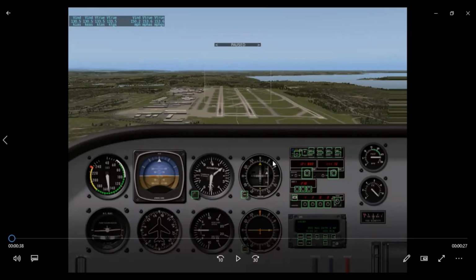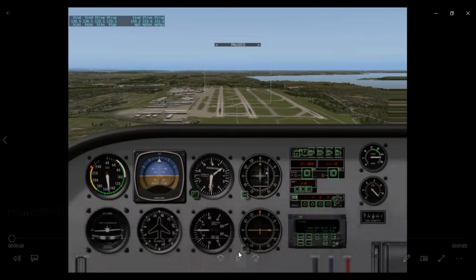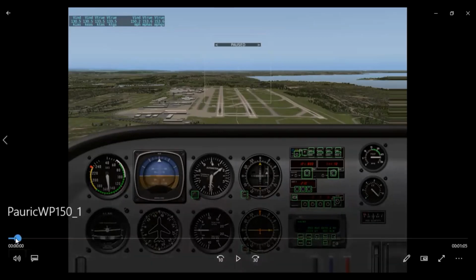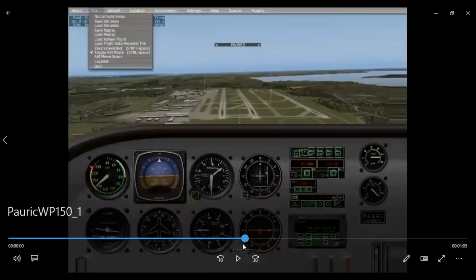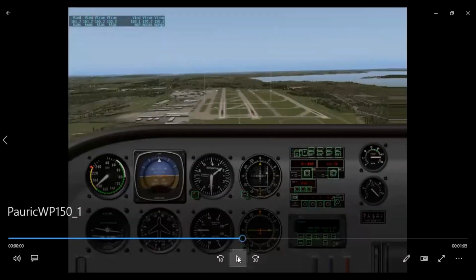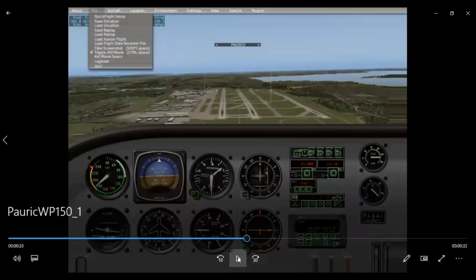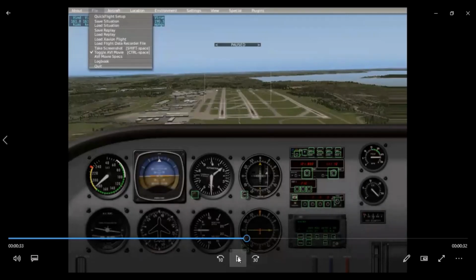Moving on to the 300 horsepower plane. So as we can see, the true airspeed was 190 miles per hour. It weighed 2,750 kg total weight and 3,000 maximum weight.